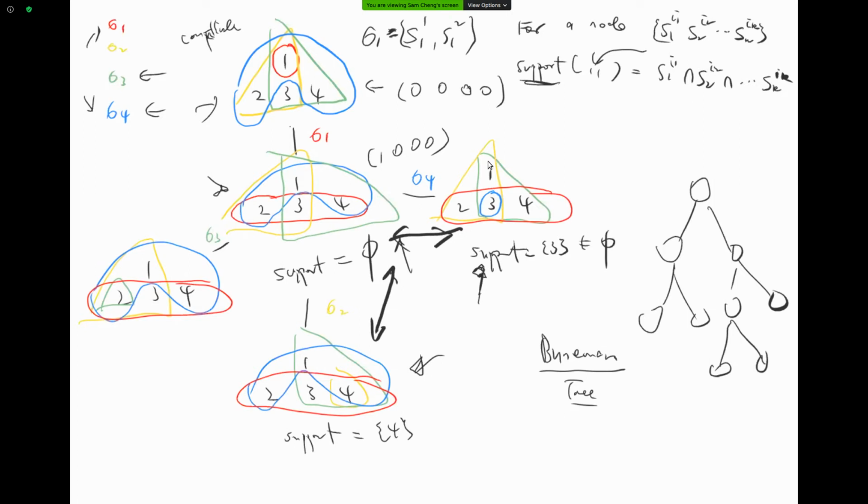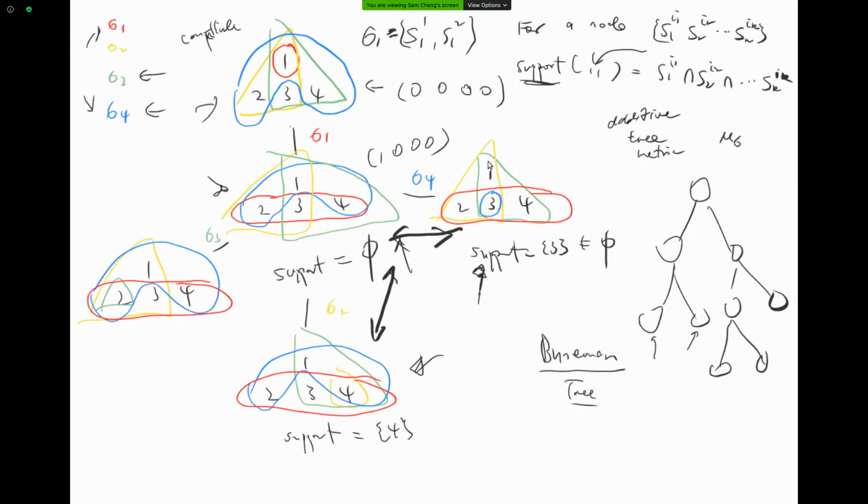Remember that each of these edges is just a split sigma, right? So we can specify a distance for each of the split.